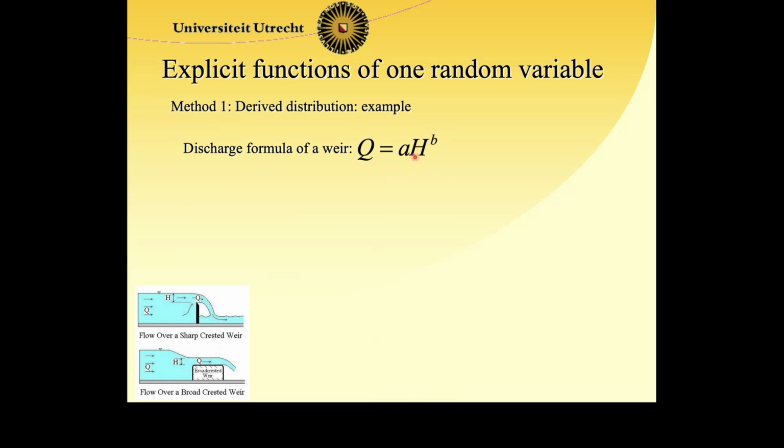And usually you have some error in there because the water is bobbing up and down, and even though you use what is called a stilling well, which is sort of a connection between a tube well and the open water that dampens the water fluctuations, you can still make an error. And what you want to know is, if we know the probability density function of H, what is the probability density function of Q? Okay? Now let's do that.